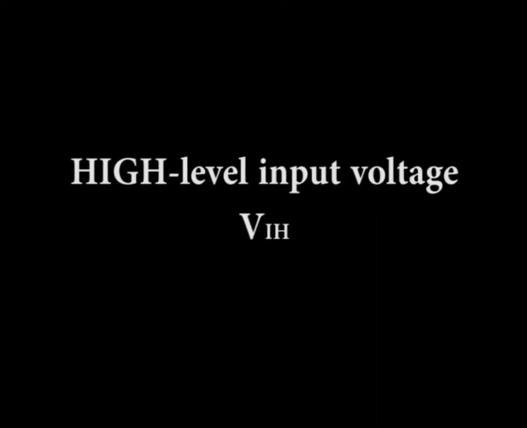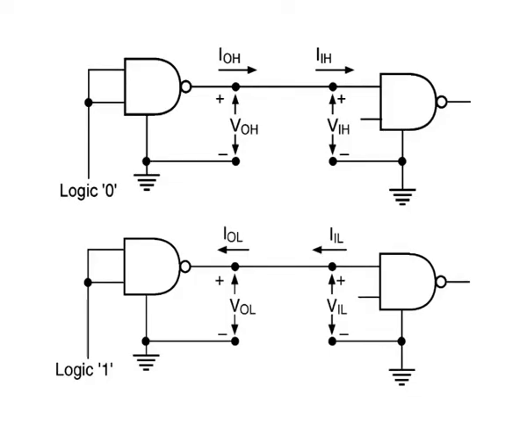High level input voltage. This is the minimum voltage level that needs to be applied at the input to be recognized as a legal high level for the specified family. For the standard TTL family, a 2 volt input voltage is a legal high logic state.